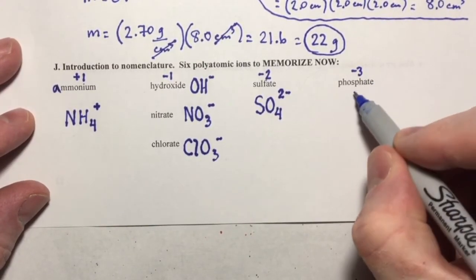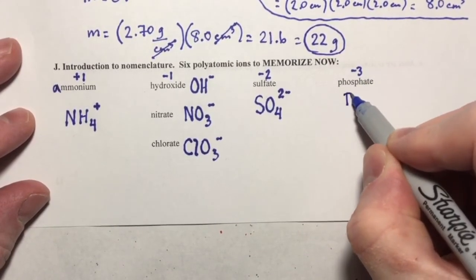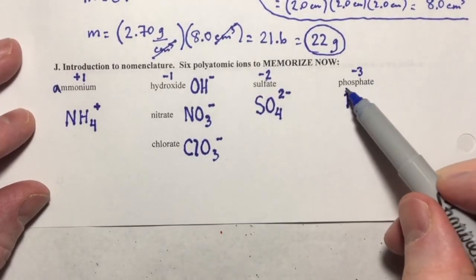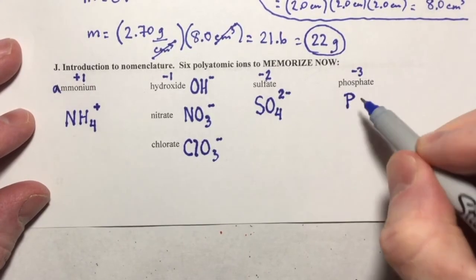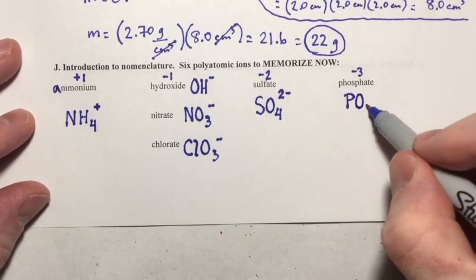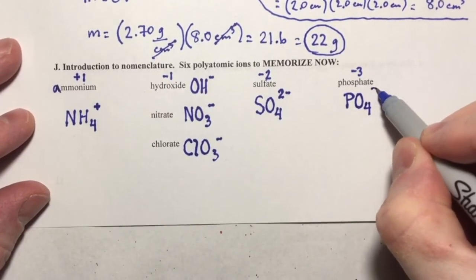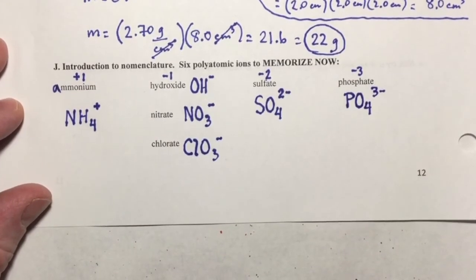Phosphate, here again, I wrote that a little bit backward, but let me fix it here when I write the formula for phosphate. Notice PH, OS, PH, ATE for phosphate. Capital P, capital O, subscript 4, and now it's a 3 minus charged ion.